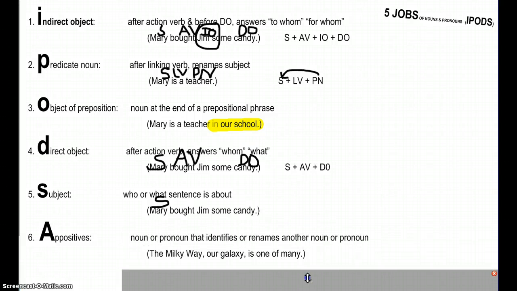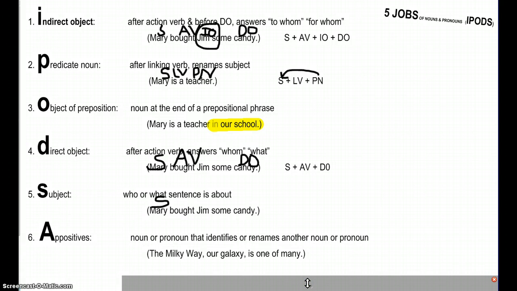And then our last one is an appositive. We've talked about these more in the context of smiley face tricks and being descriptive. Our subject here would be Milky Way. An appositive follows a noun, or follows a comma, and it's got another noun somewhere in there that replaces or renames the subject or whatever other noun it's describing.